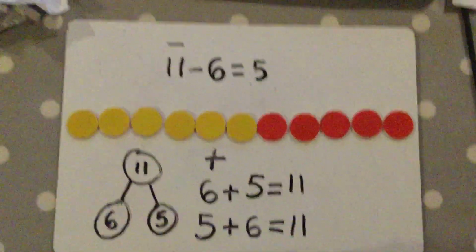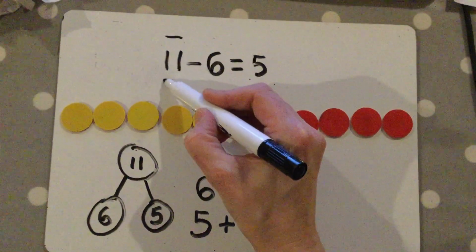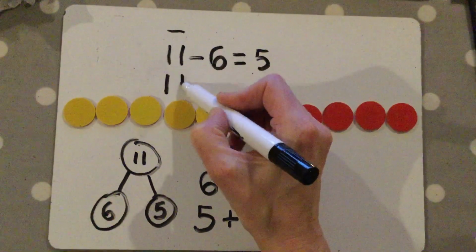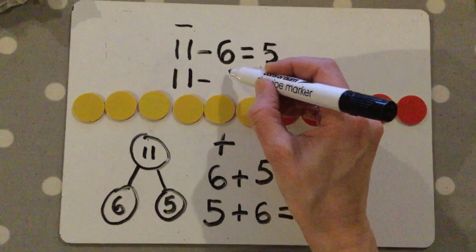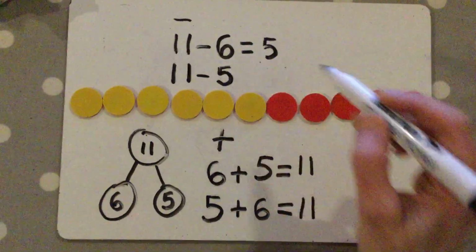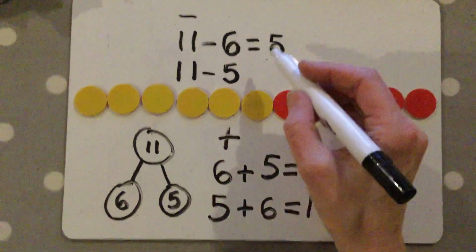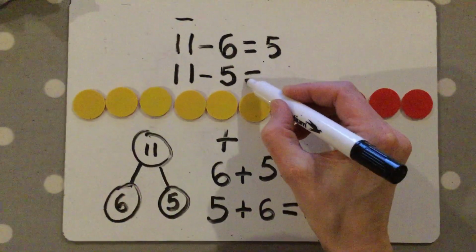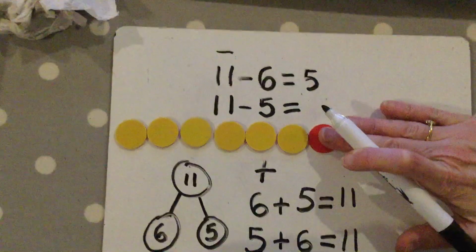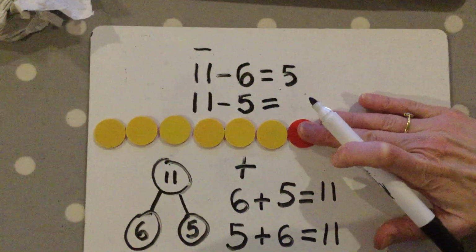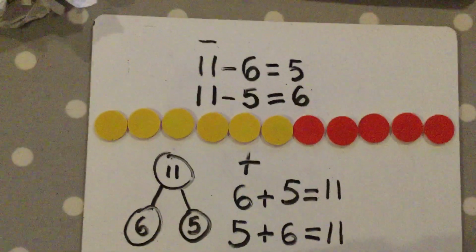Now we could also do this subtracting the other part. So once again I need to start with my whole, 11 counters. This time I'm going to subtract the 5 red counters. So 11 subtract 5 is equal to, if I took those 5 red counters away, I would be left with my 6 yellow counters.